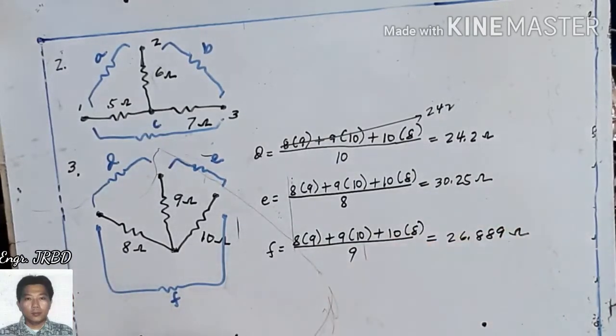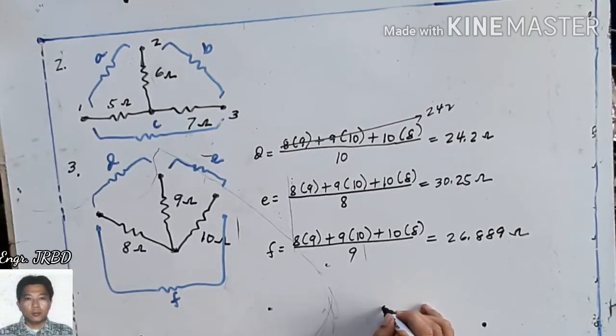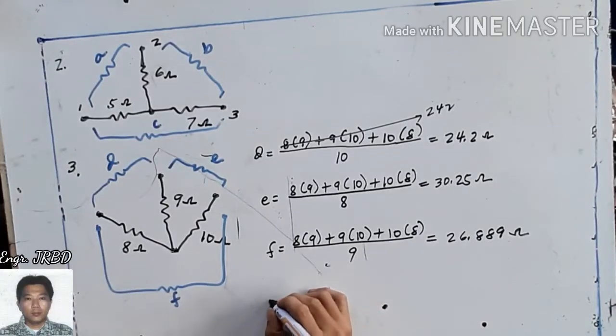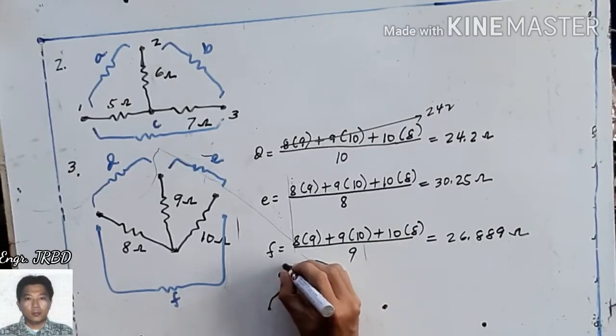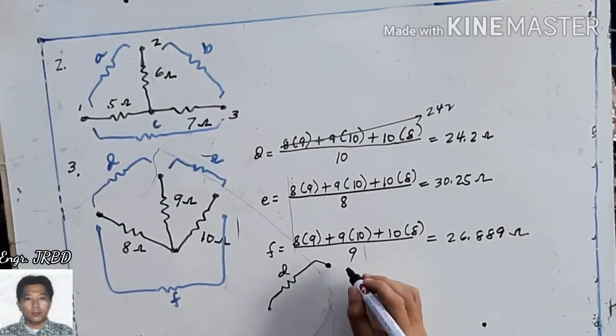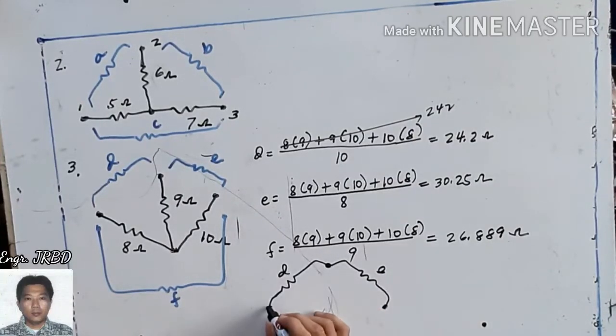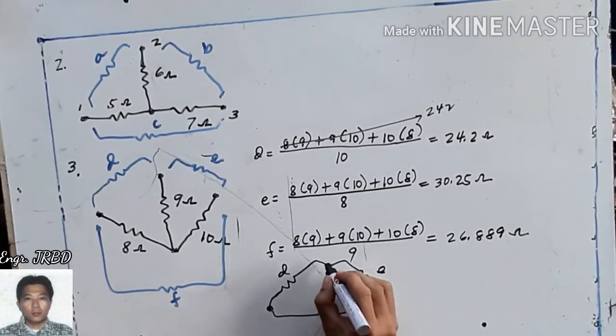This is now the equivalent delta. So if you will try to redraw your figure, it will look like this. That is your D. We have there your E. And finally is your F, the equivalent delta.